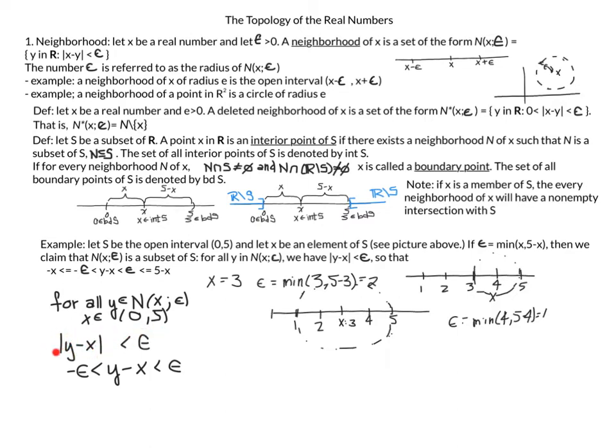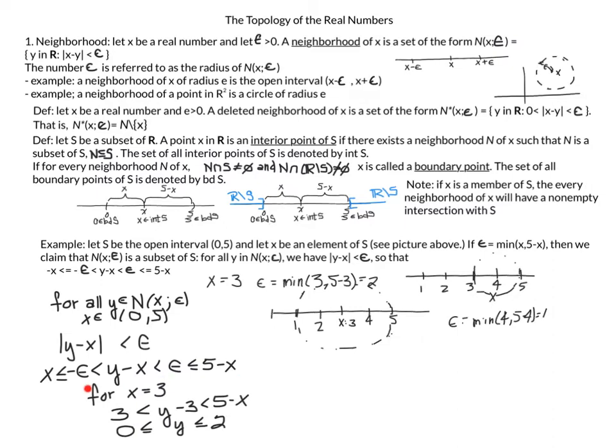So getting rid of the absolute values, we have y minus X is between negative epsilon and epsilon. If y minus X is positive, then we're in this area, so that'll be less than or equal to 5 minus X. And if y minus X is negative, we're in this area, so epsilon is going to be less than or equal to X. So this is this statement here. This is what our neighborhood looks like.